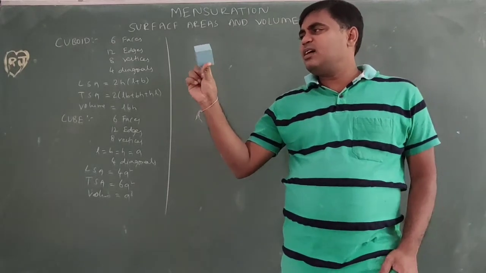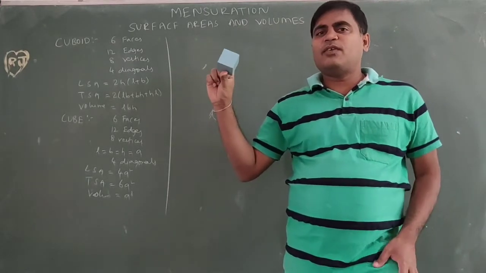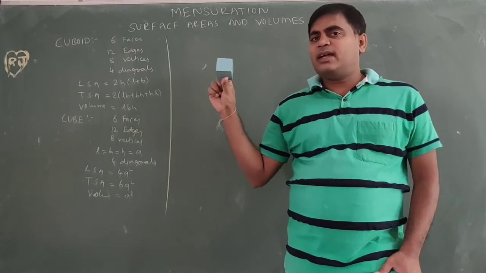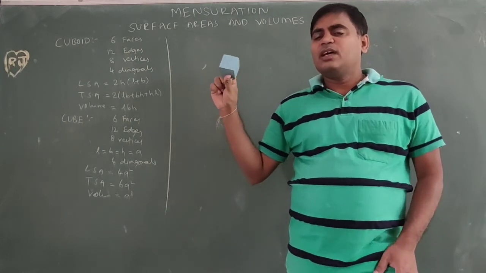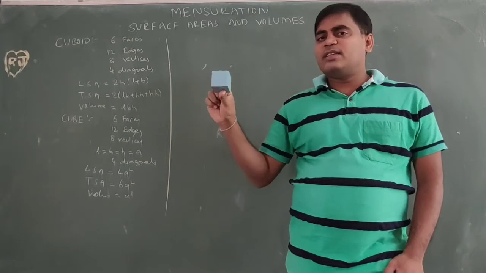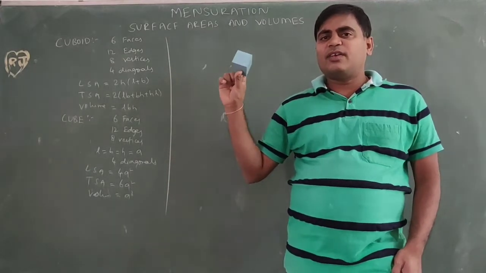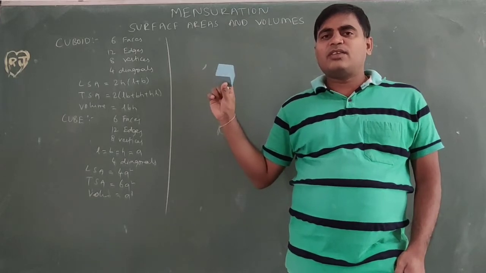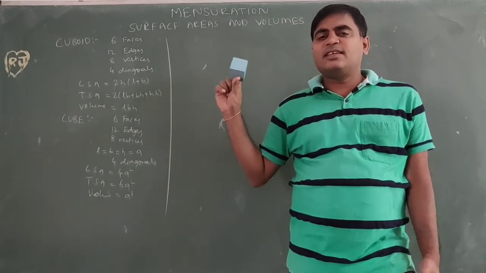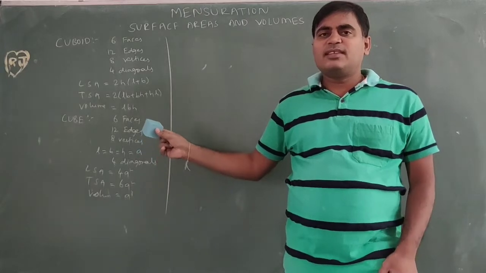The base of a cube is a square, and length equals breadth equals height. It contains 6 faces, and the area of each face is a square. So total surface area is 6a square.